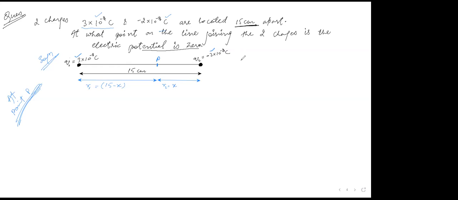We are choosing another point on the line joining Q1 and Q2 here. You can take here point M. We are considering any point at point M, and you can join this from here.